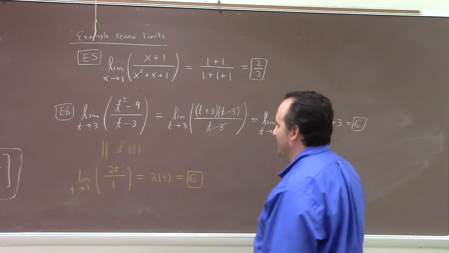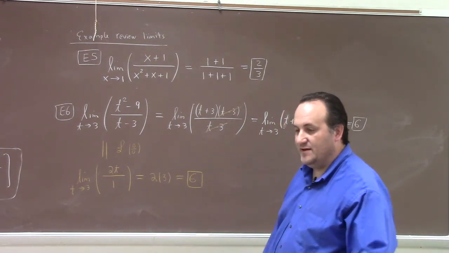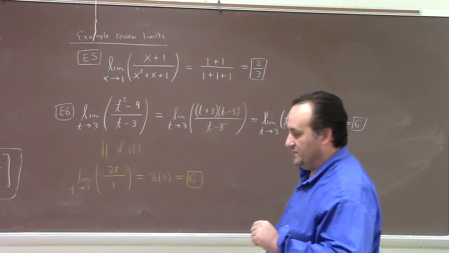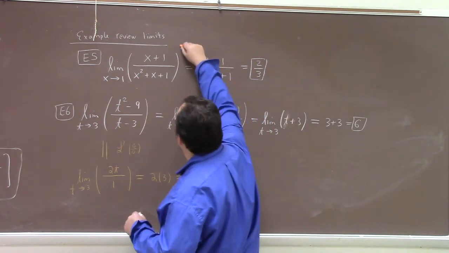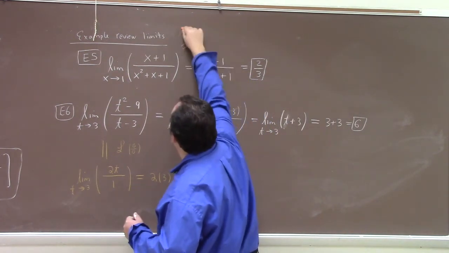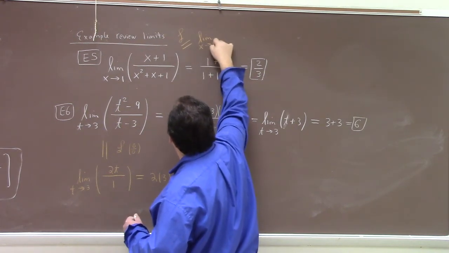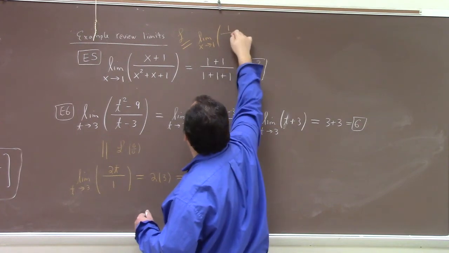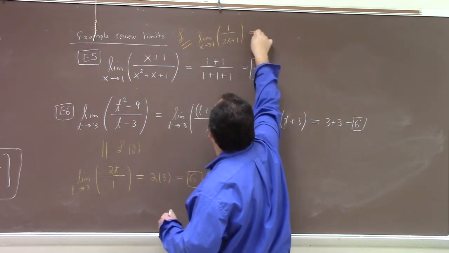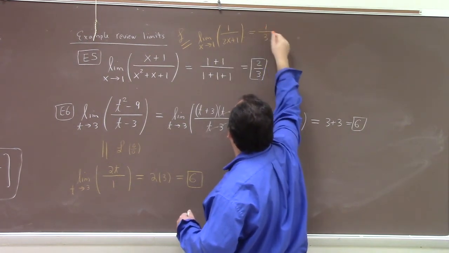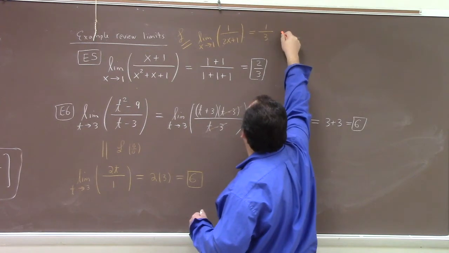Look, so what would have happened if we had mindlessly and incorrectly used L'Hopital's rule on the first problem? Think about that for a second. If we just said, I use L'Hopital's rule, and that's the limit as x goes to 1 of 1 over 2x plus 1, that would have gotten us 1 over 3, which is wrong.